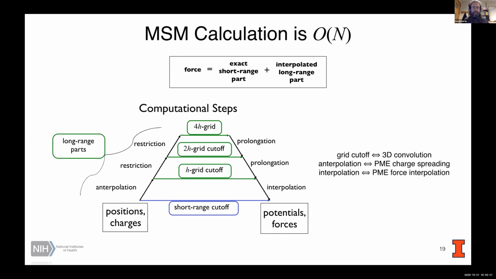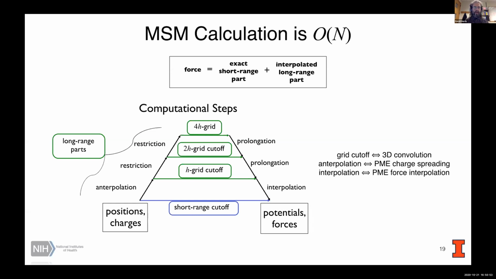And so the computational steps involved: calculating, again, this short range cutoff part that you can see along the bottom part of this kind of inverted V cycle with bars across it. And then the interpolation parts are really almost the same operations that you're doing when you're doing the PME charge spreading and the PME force interpolation.